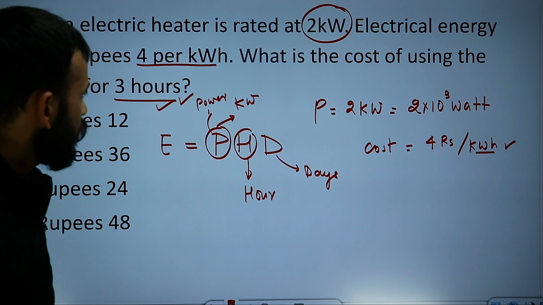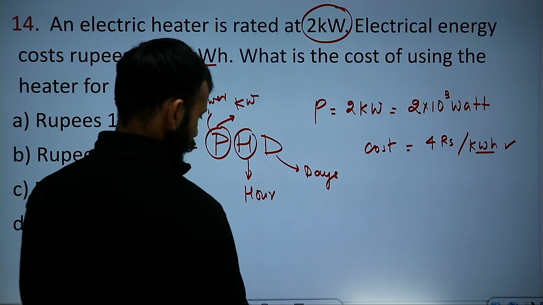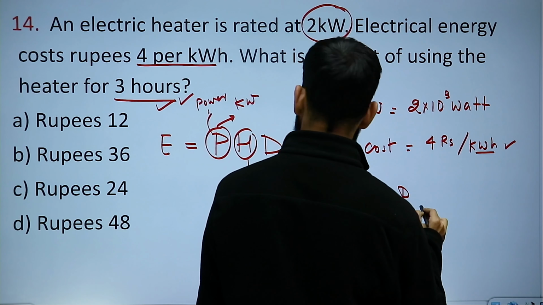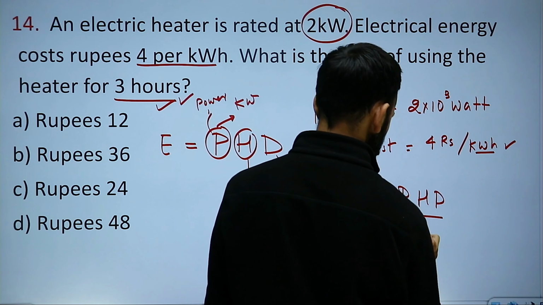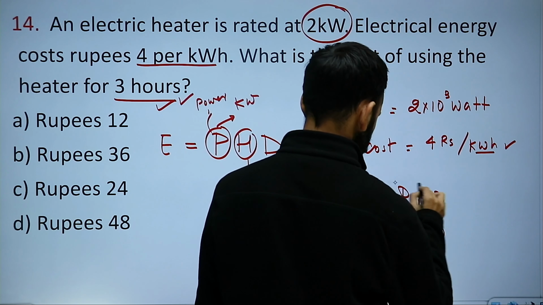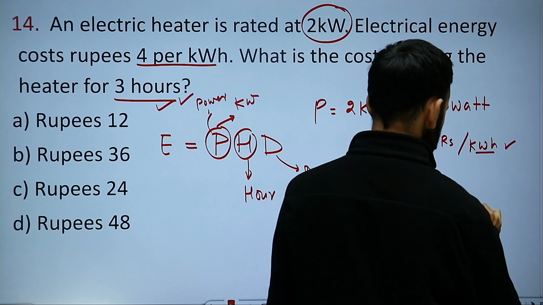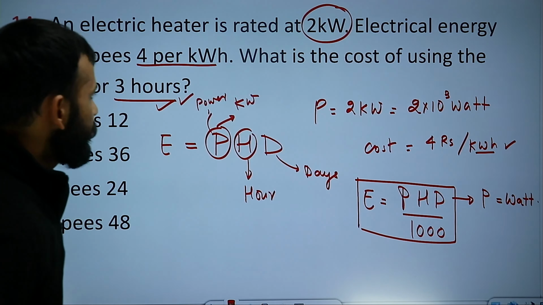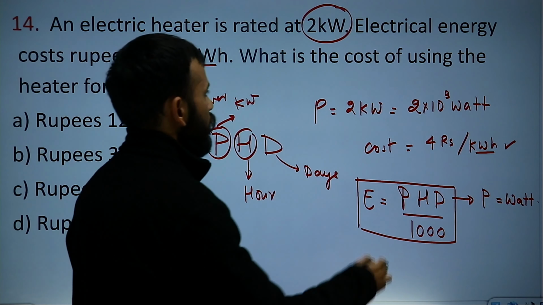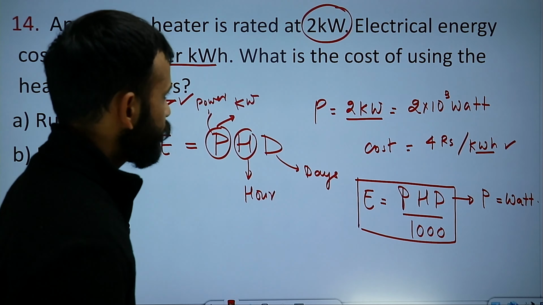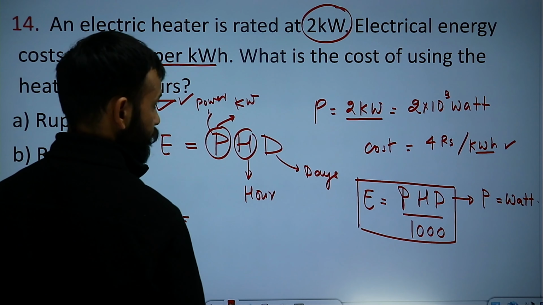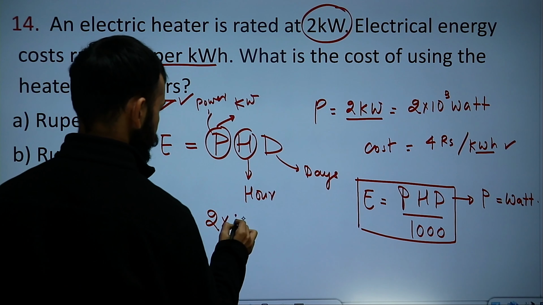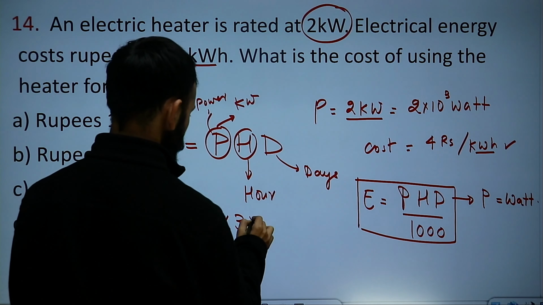If P is not in kilowatt, so it is in watt, then PHD is divided by 1000 when P is in watt. Here our P is given in kilowatt, so we can write 2 into H, which is 3, and D, which is 1.